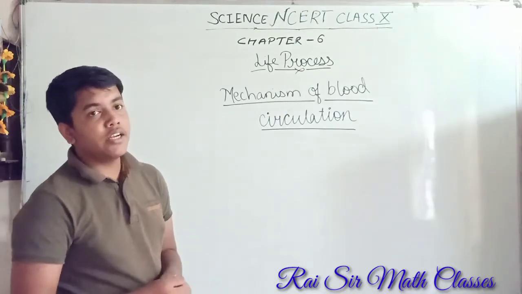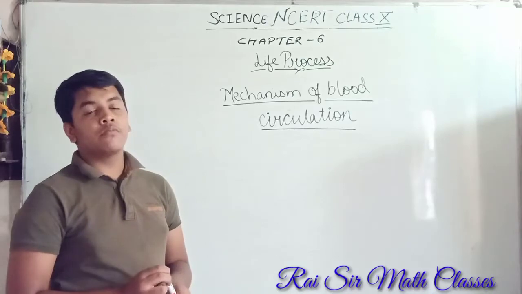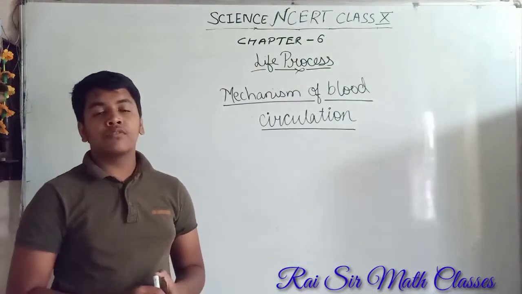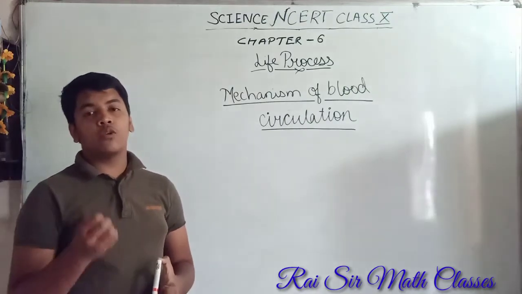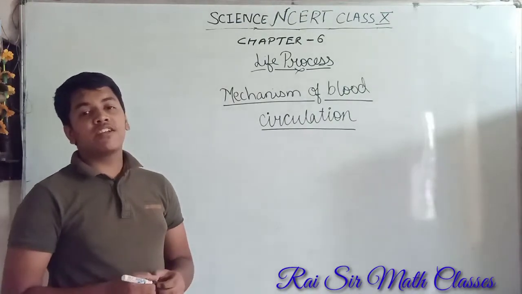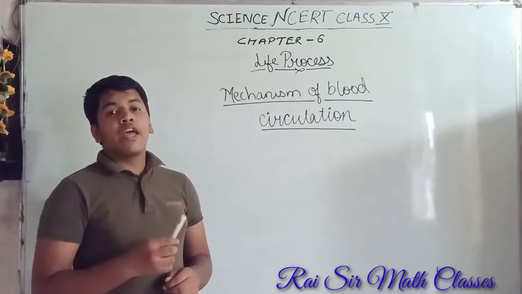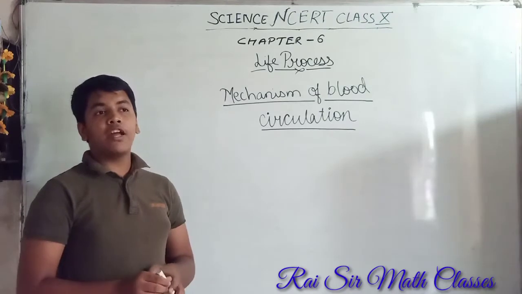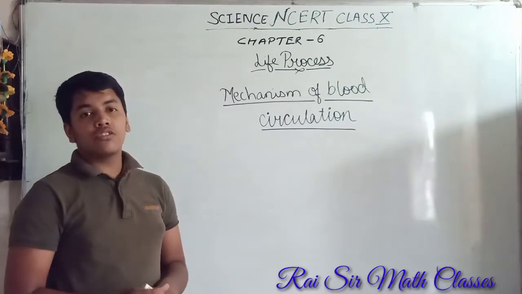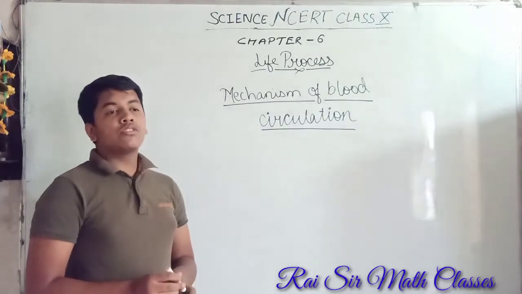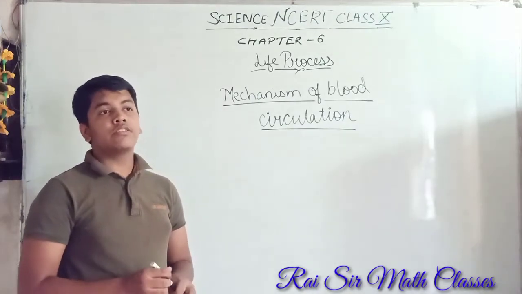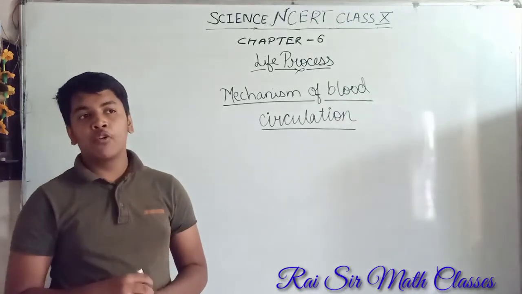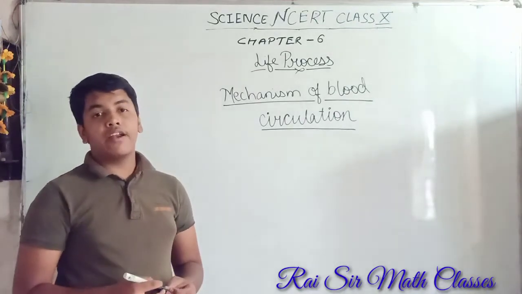In the lungs, we have studied that respiration is going on. The lungs contain a collection of small particles known as alveoli. Alveoli are responsible for the exchange of gases, meaning carbon dioxide is released and oxygen is inhaled. Once oxygen is taken in, our blood contains a large amount of hemoglobin, so it becomes red in color.